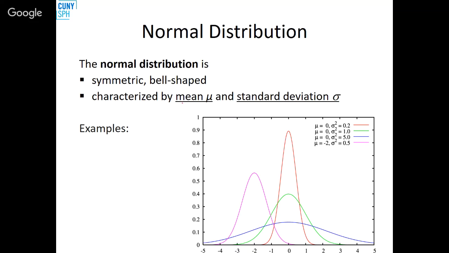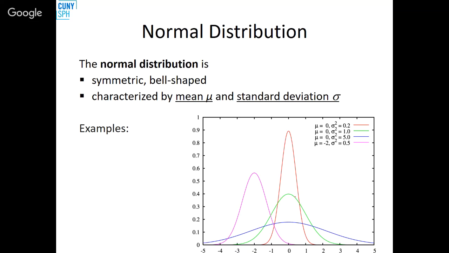So in these three examples, this tallest one is the one that has the smallest standard deviation. So this is a mean of 0 and sigma squared of 0.2. This wider one down here is also a mean of 0 because it's centered on 0, but a variance, sigma squared, of 1.